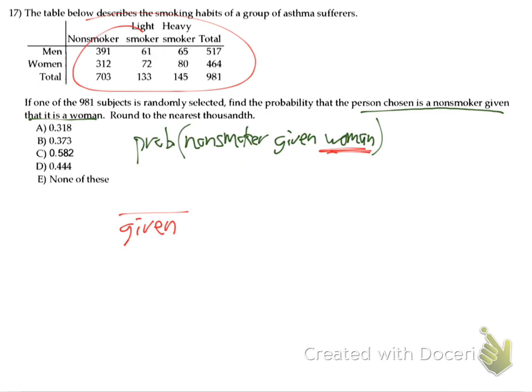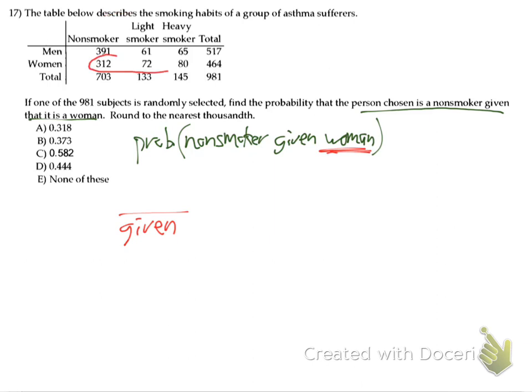Remember I did that with a dice, and I said, hey, what's your chance of getting a 6 if I roll a die? Well, 1 out of 6. But then what if I give you some information and say, hey, I got a number higher than 4? Well, then that changes it. If you're given the information that I got a number higher than 4, well, there's only 2 possibilities. Either got a 5 or a 6. It changes the denominator, changes the possibilities, doesn't it? So that's what given always does. So they say we're giving you the fact that it's not just anybody. It happened to be a woman.